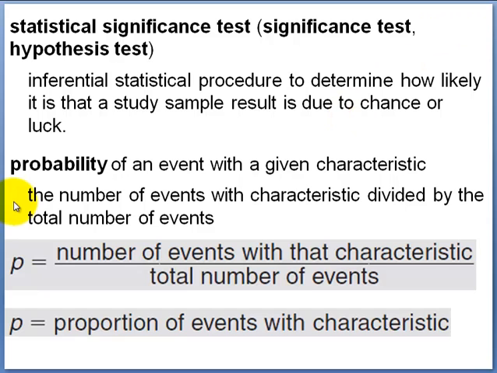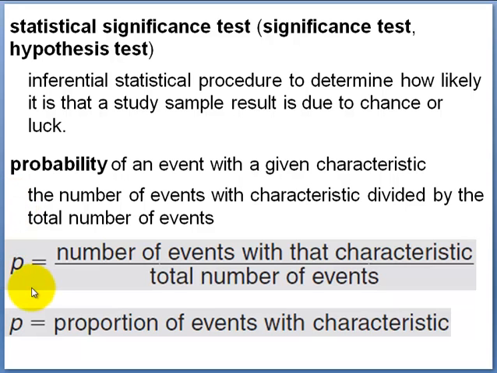Prior to going into significance tests in more depth, we need to do a quick overview of probability. One can calculate the probability of an event by dividing the number of events with a given characteristic by the total number of events.